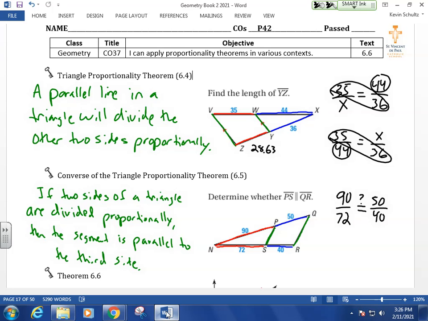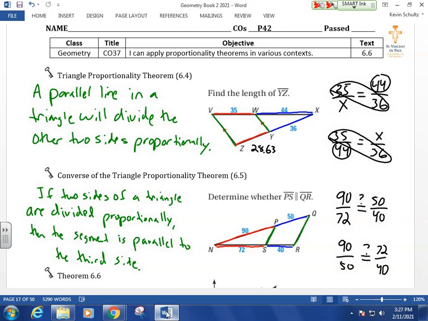Of course, we could also go horizontally too. We can say, is 90 to 50 equal to 72 to 40? And the reason why both of these proportions work is because using cross products, we're multiplying the same numbers together.